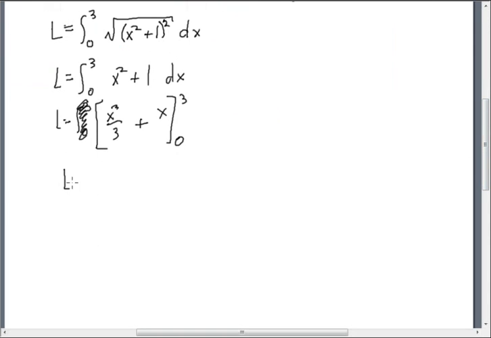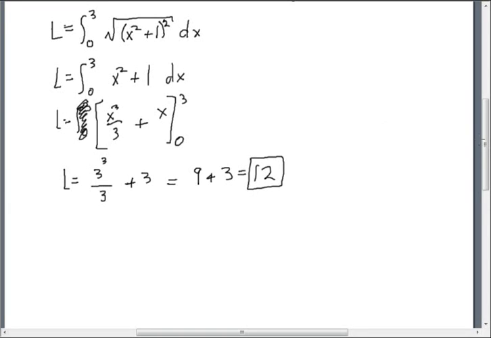So the length is going to be, we don't have to worry about plugging in a 0. So we get 3 cubed over 3 plus 3, which is going to be 9 plus 3, which is equal to 12.